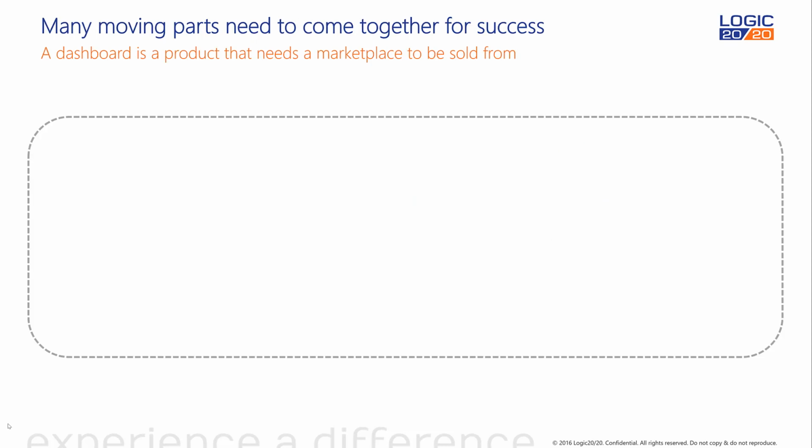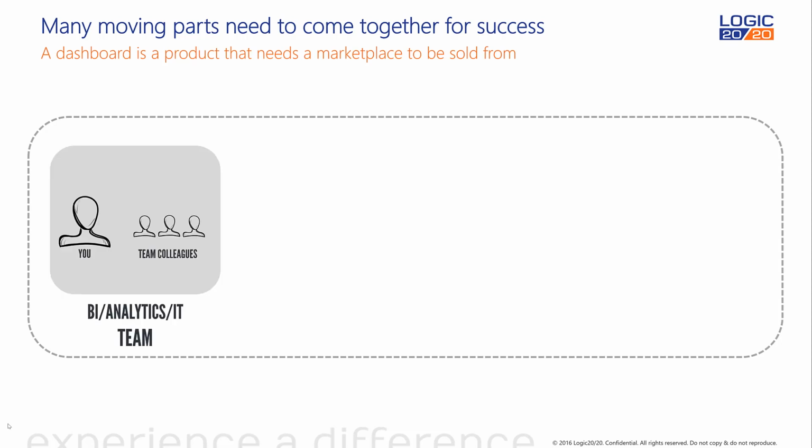So there's a sense that a dashboard is a product. And when you're looking at a portal, the portal really should be a mechanism of selling that product, of selling it to your market. So let's look at that in a little bit more depth. So you might be in a BI analytics IT department or team, and there's you and there's your colleagues, and you produce a product, and that product is basically a dashboard or report.